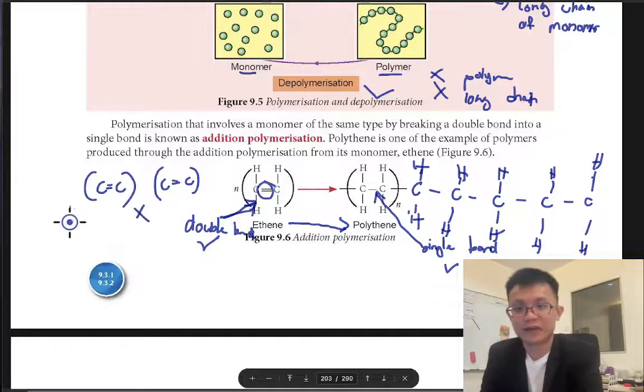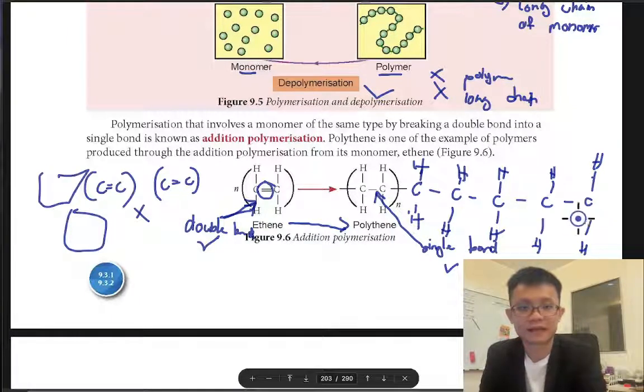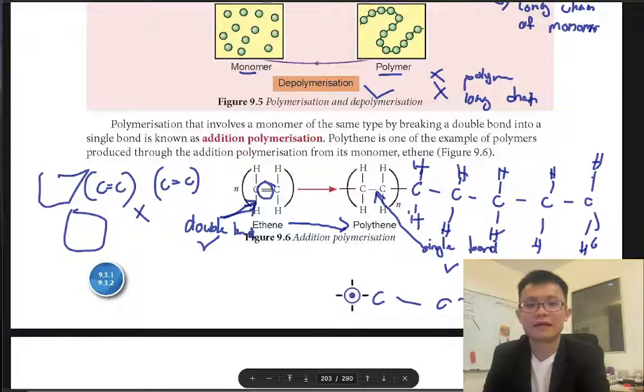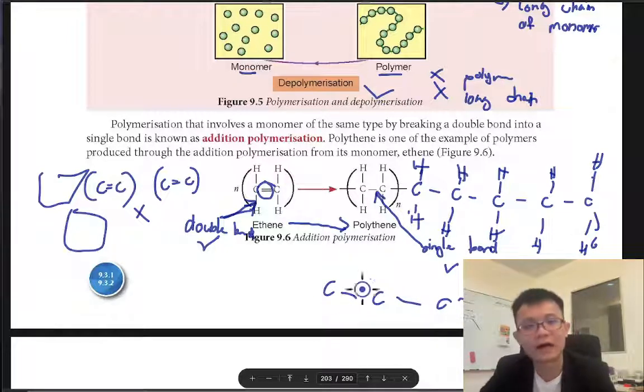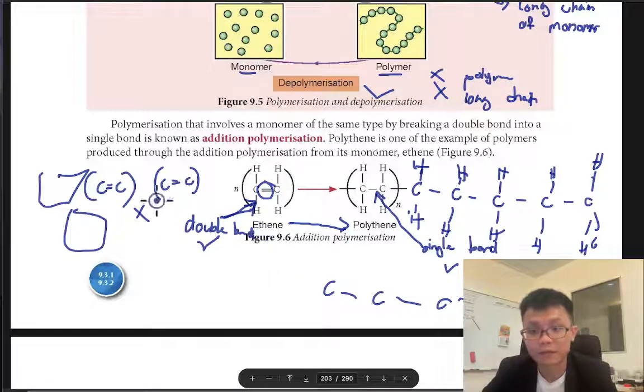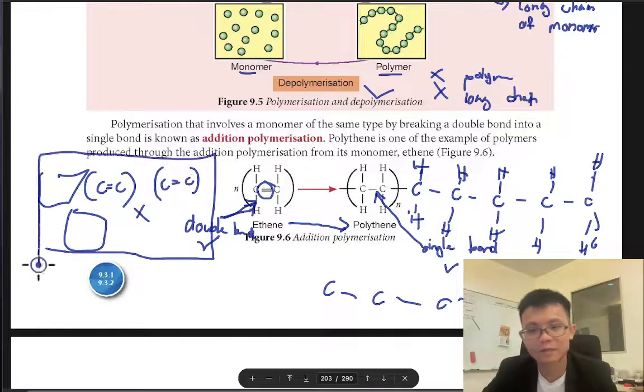You can see every molecule there is no change. But for this one, it can change, C, C, C, C, C. Okay, it will make a chain. So that is the difference of polymer. And sometimes also confused. Monomer, sorry. So this whole thing is a monomer. This whole thing is a polymer.